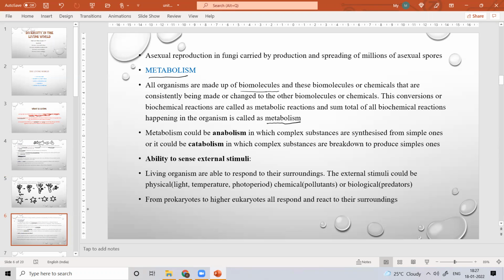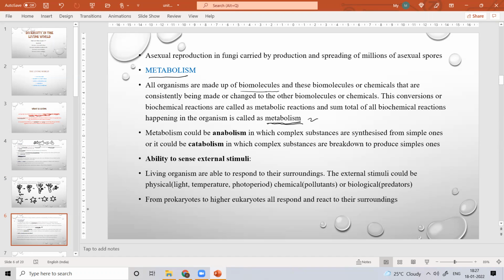Sum total means inclusive of all biochemical reactions happening in our body. This is one of the defining characters of living organisms. No non-living thing is able to show metabolic reactions.